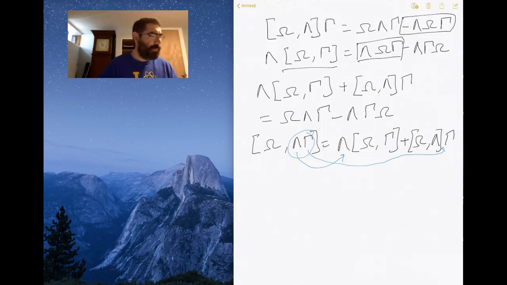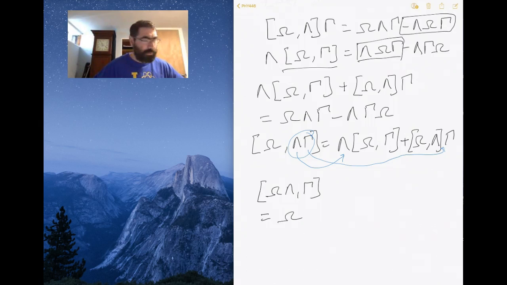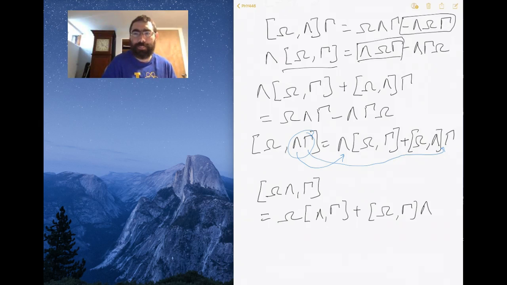You can actually get a similar result if you put the product as the first argument in the commutator. So if I had omega lambda gamma, then that would be, if I distribute them, omega times lambda gamma plus omega gamma multiplied with lambda.